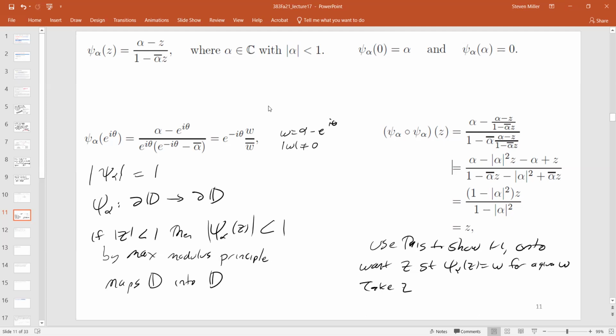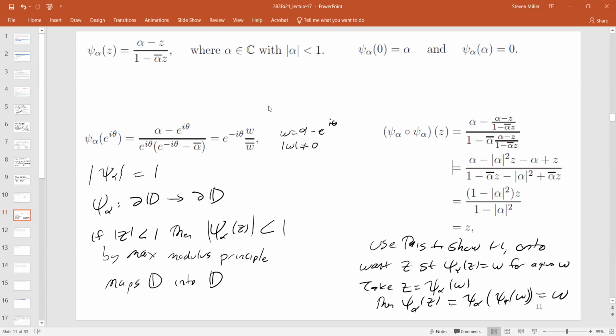Take z equals what? Not C of z. Take C alpha of w, and then C alpha of z would be C alpha of C alpha of w. And since C alpha composed with C alpha is the identity, that just gets you w. So this is how you can show that it would be onto. And I'll leave the exercise of showing that it's 1-to-1 for you to play with. But it's really nice to know that it's its own inverse.